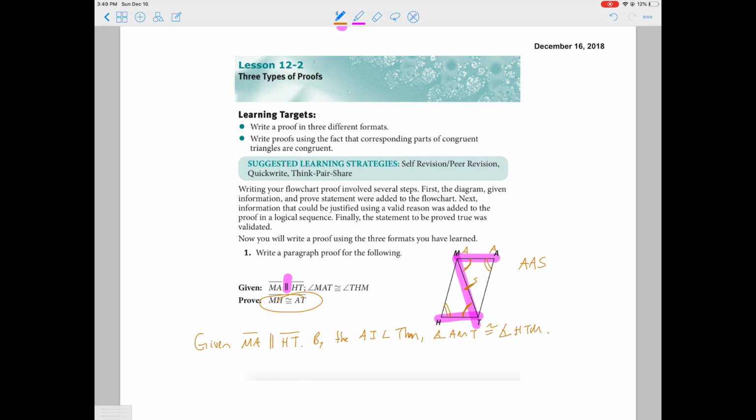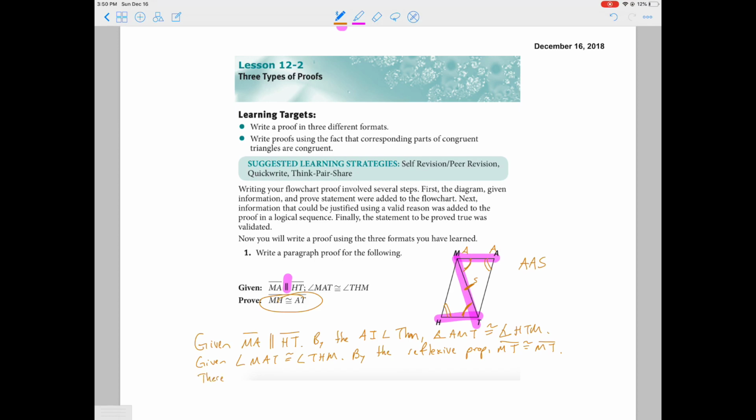Next, we were given angle MAT is congruent to angle THM. We had nothing else to do with that, so we can move on, and then you can say by the reflexive property, we can say MT is congruent to itself.